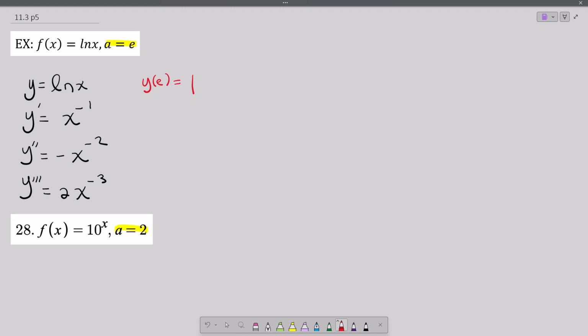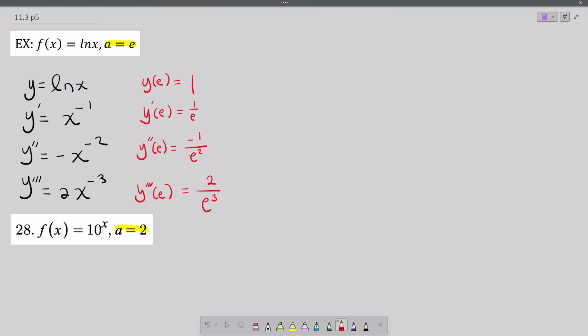And then y prime of e will be 1 over e. y double prime of e will be negative 1 over e squared. And then y triple prime of e will be 2 divided by e to the power 3.